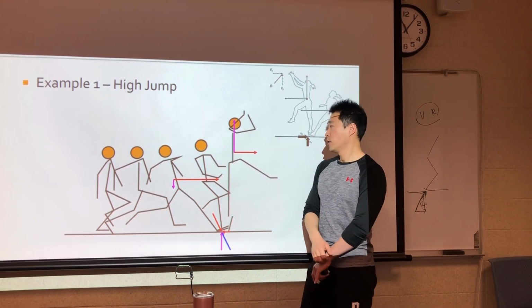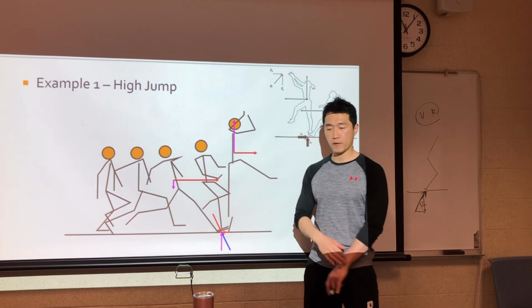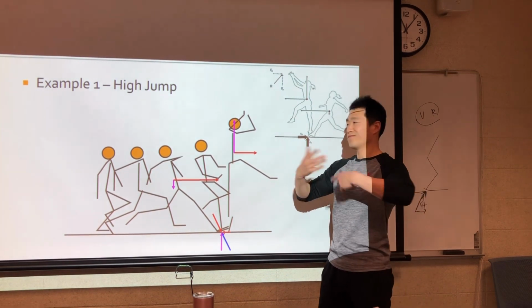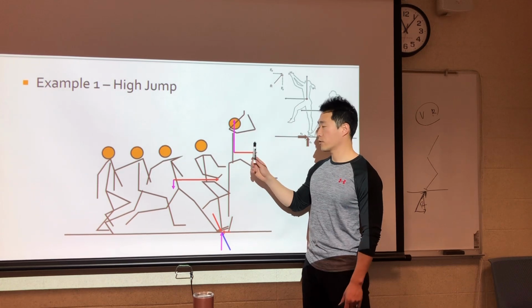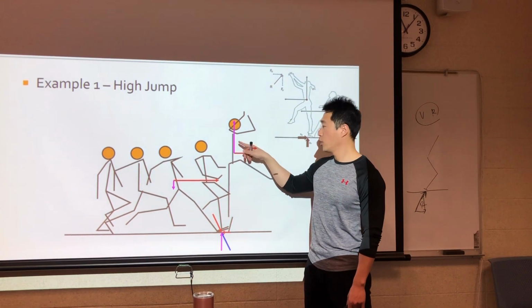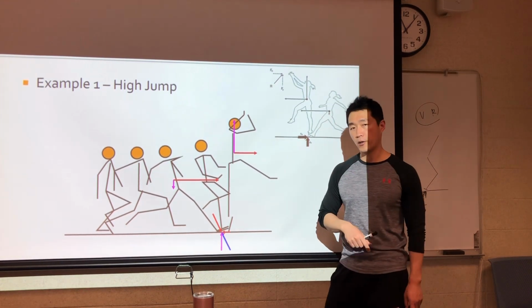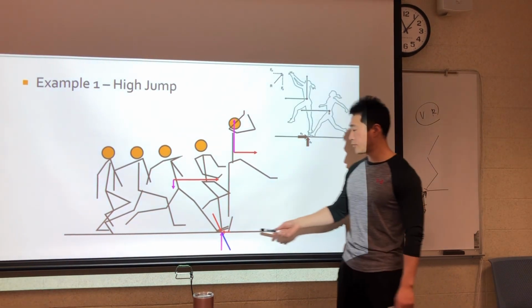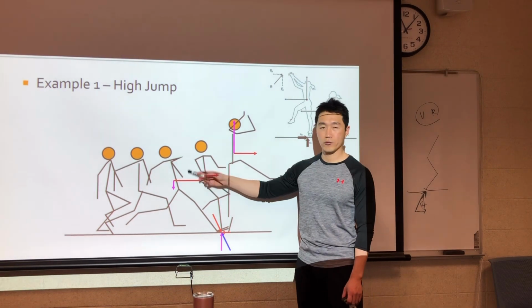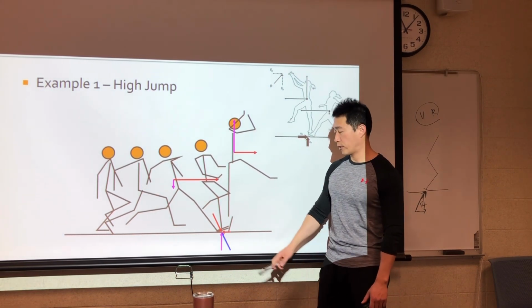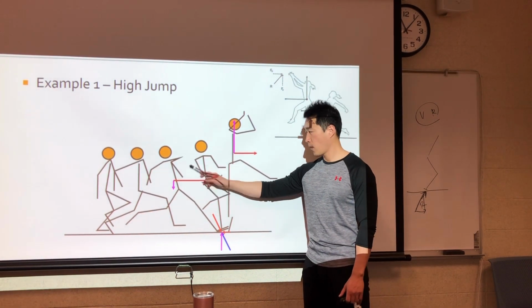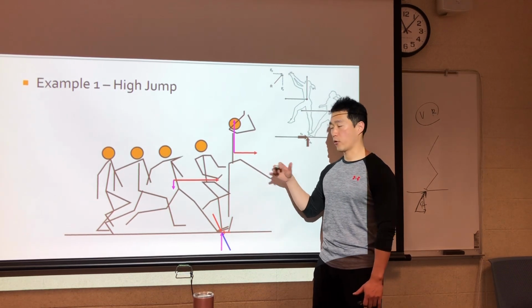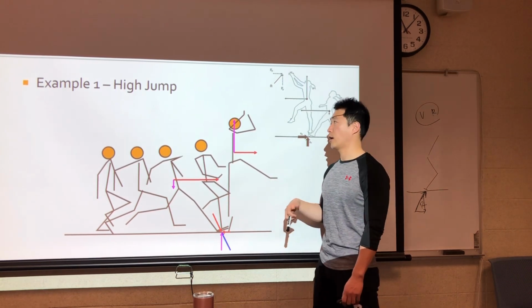That's why he was able to change direction from down to up, and he's going to maximize this horizontal velocity to jump over the bar. Again, this is very important. It's a combination of ground reaction force and velocity. So we can utilize these ground reaction force components to explain what's going on with horizontal and vertical velocity during the high jump.